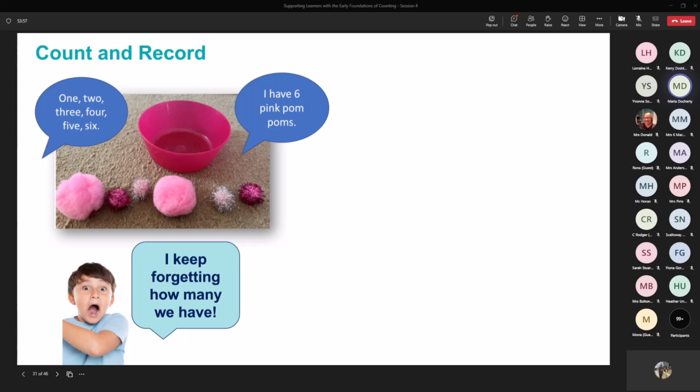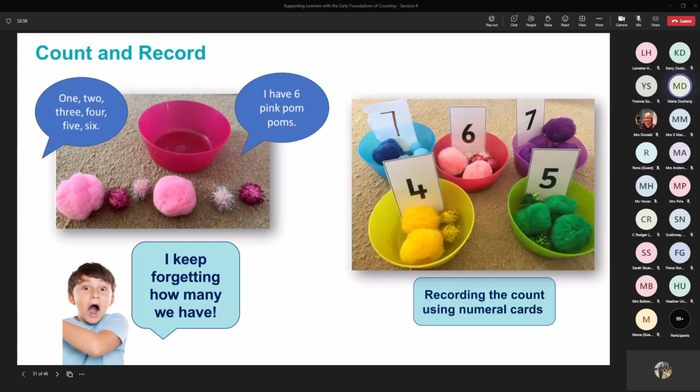And we know, like Daniel there, if they do lose track of the count, it can lead to them missing out items or recounting objects that have already been counted. So allowing them to find more effective ways to count is really worthwhile, because they will say things like, I'm really mixed up now, I don't know what I've counted, I've lost my count, I keep losing track, etc.